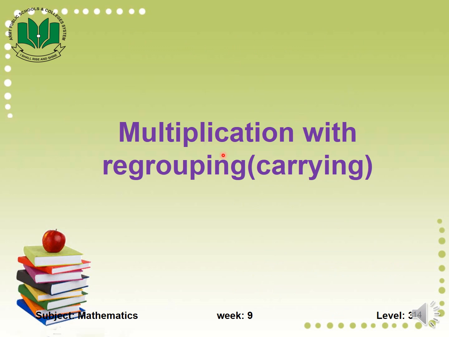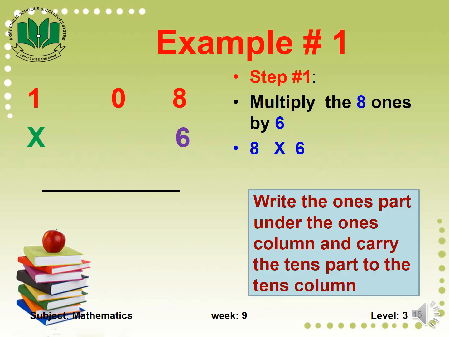Now we will do multiplication with regrouping. Students, you have already done this regrouping in your previous topic addition. Now we will learn the concept of regrouping with multiplication. Example number 1. Students, this is 8 at 1's place, this is 0 at 10's place, and this is 1 at 100's place. So it is 108 on the top.